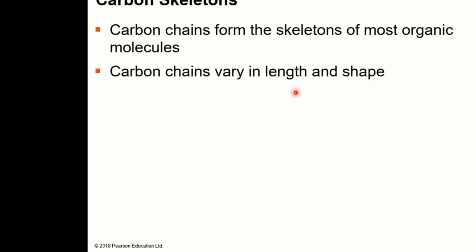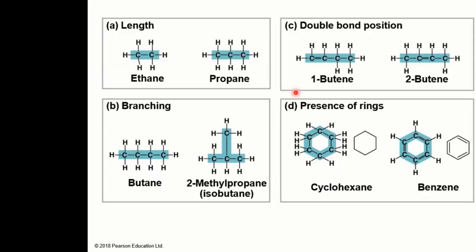Sometimes they'll call them skeletons of the organic molecules, where they will be differentiated by the length and their shape. And you can see here where they're talking about the differences in the length, in the double bond position, in the branching, in the presence of rings.